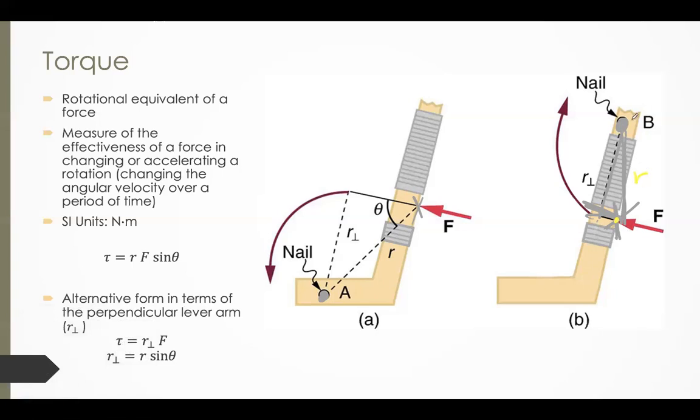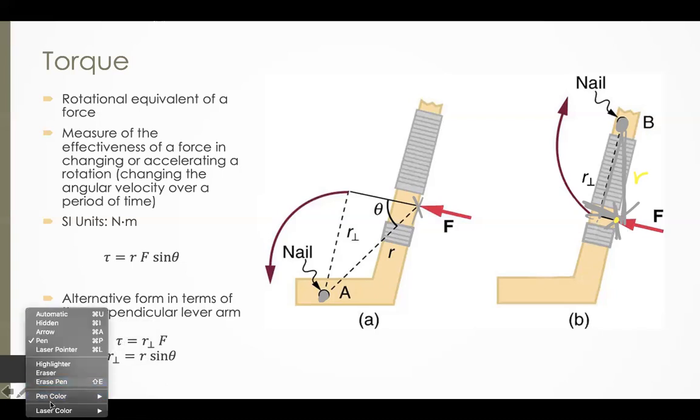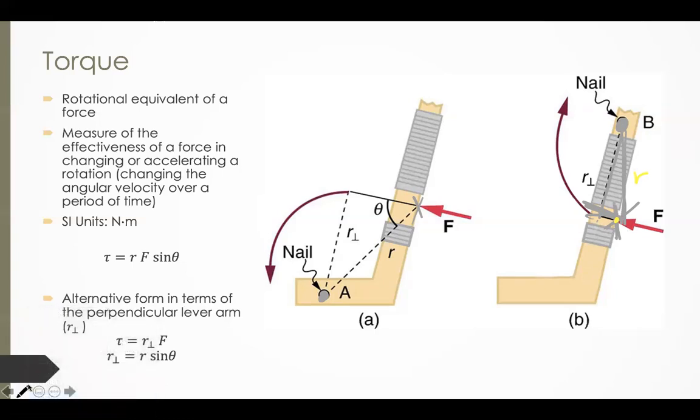Our R should be that leg there of the triangle. Here we don't have an angle to describe that, but it's just trying to get you to understand the lever arm.